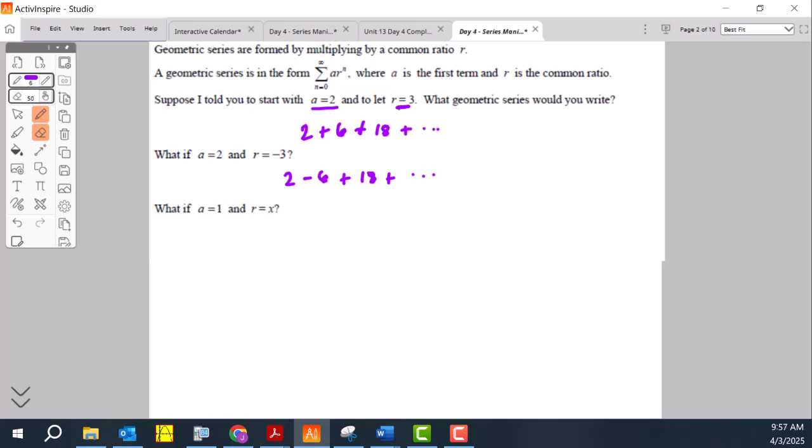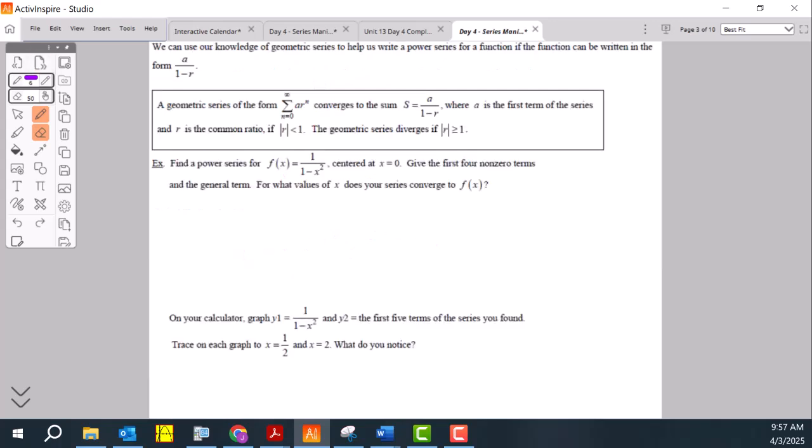Well, that same idea can be applied to things where r is x. So in this case, we have 1 plus x plus x squared plus x cubed plus dot, dot, dot, and so on and so forth. This idea leads to what we call the geometric shortcut. It allows us to take a function that looks like the sum formula of a geometric series and write it as a geometric series.